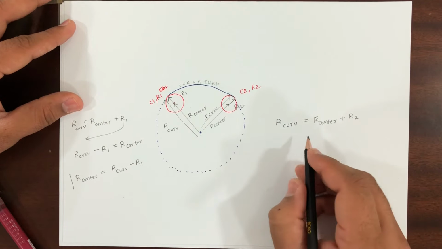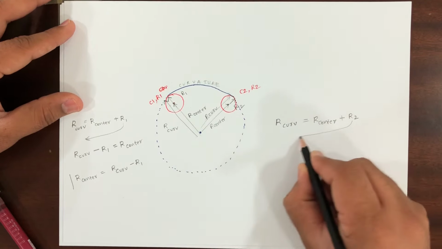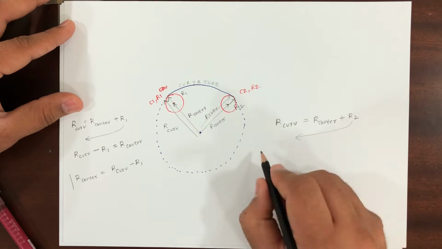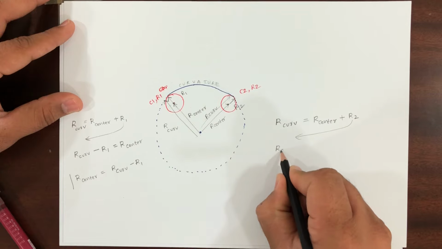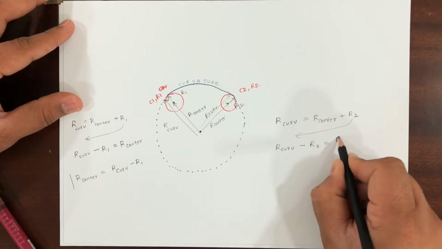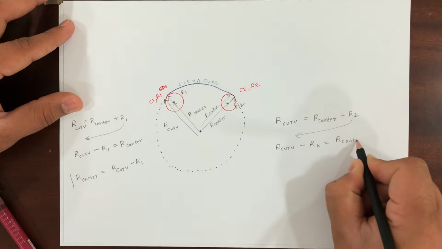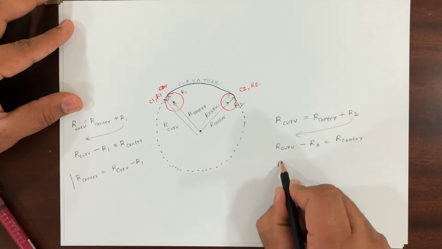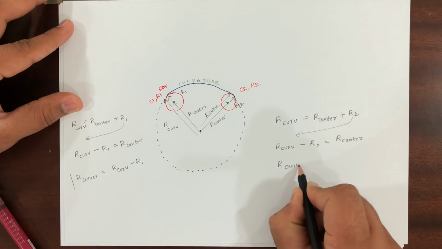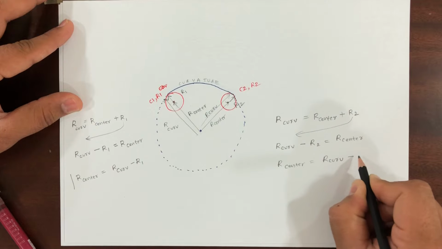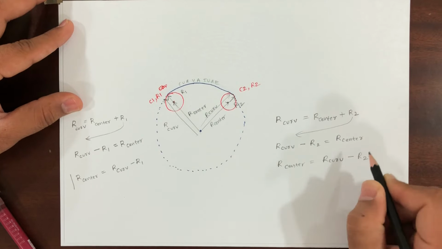If you need only R center, send the R2 this side, it will be R curvature minus R2 equal to R center. Okay, now writing the other way, it will be R center equal to R curvature minus R2.